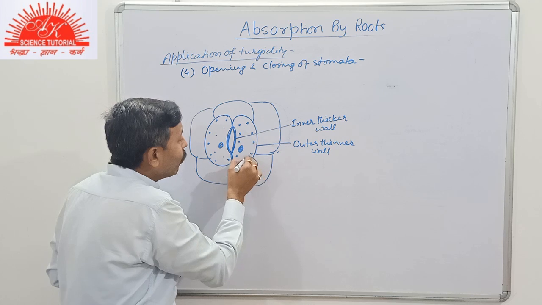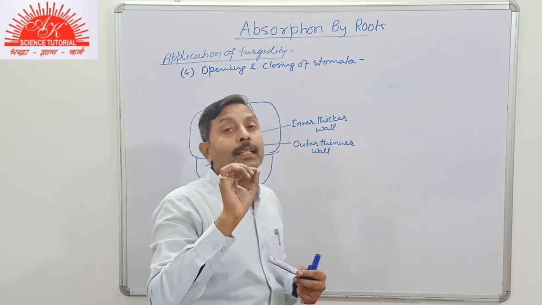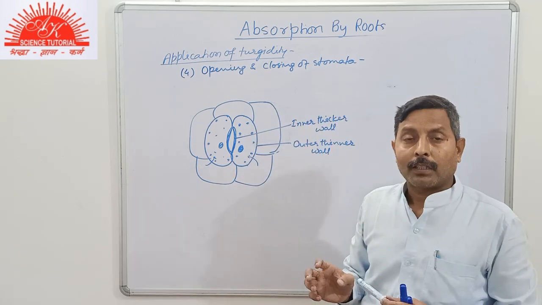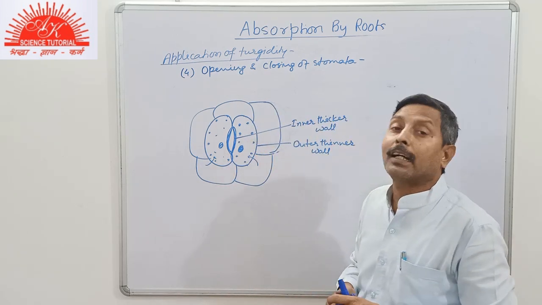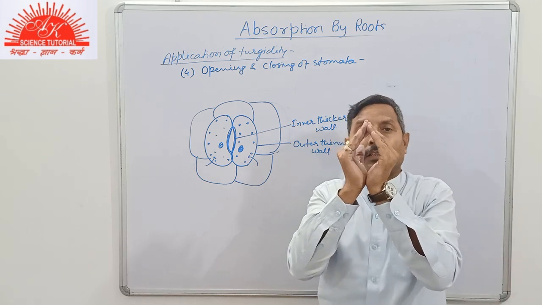As a result, endosmosis takes place. The guard cell becomes turgid and its inner thicker wall will bulge outward like this.